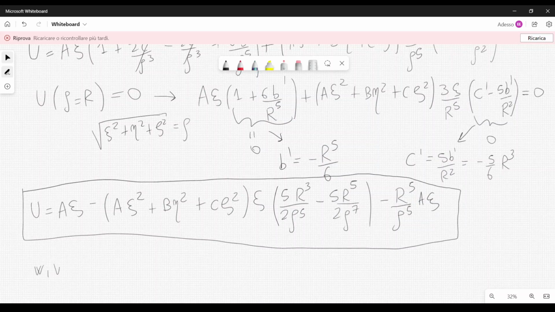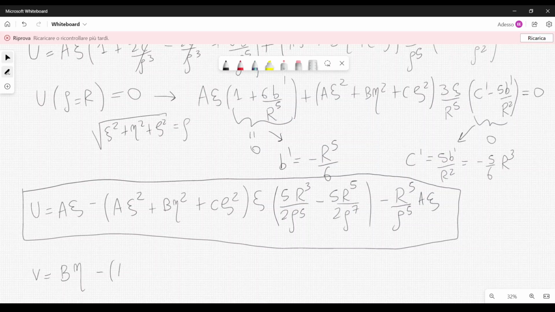So we need to find w and v. The second component is v. Let's write v. We can simply take a look at this expression and replace a times xi by b times eta. Then this part here does not need to be replaced because we have both xi, eta, and zeta, so there is some kind of symmetry there.